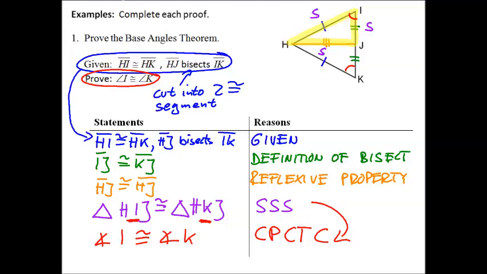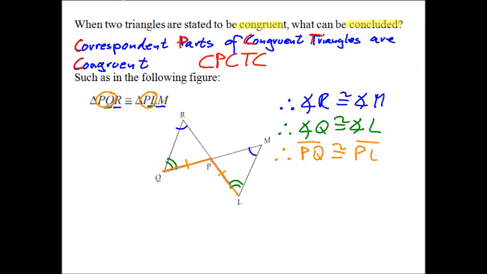So the one thing that I want you to go back into your notes and in your side margin write down and be sure to always remember is that we always use CPCTC after we have determined two triangles are congruent.